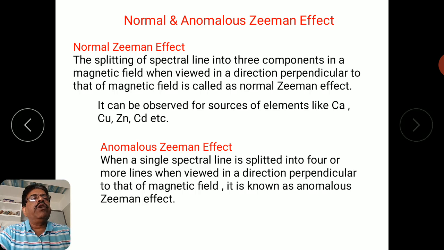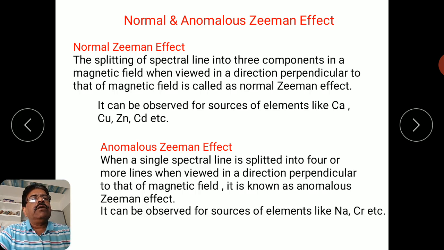In the next video I shall tell you the details, that is, the theoretical explanation given by Lorentz according to the classical laws of physics, and we shall also discuss the quantum mechanical explanation of the Zeeman effect. The anomalous Zeeman effect, as can be seen here, can be shown by sources like sodium and chromium. Okay, next time we shall discuss the theoretical explanation of the Zeeman effect.